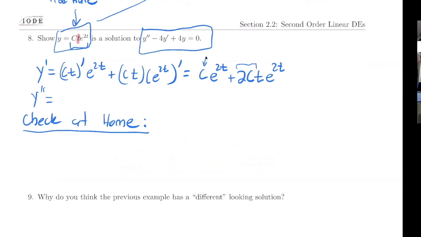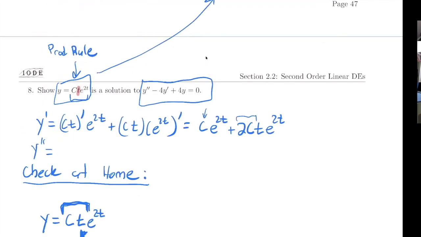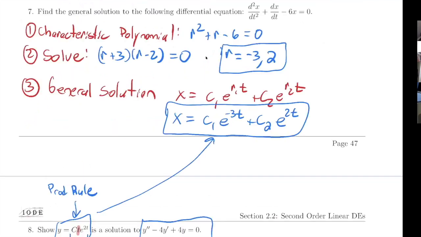And so what do you think is different about this differential equation that gave us a different looking solution? The coefficient isn't constant. It has a variable in it. So in the solution, yes, we've got t over here, so it's different than the types of solutions that we saw back here.